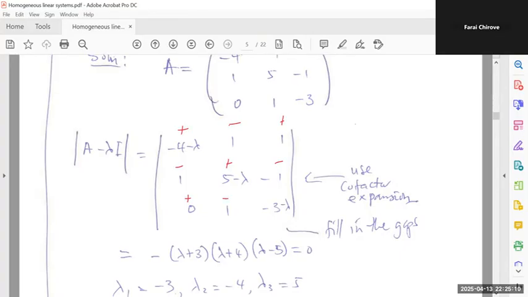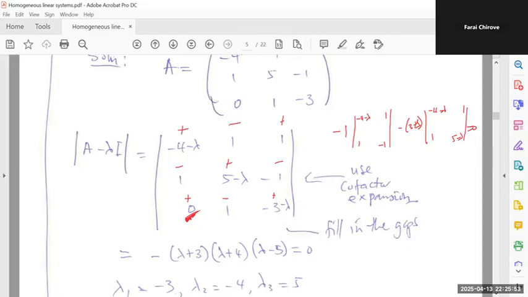So the 0, you're multiplying by 0, so you leave it. So you then have minus 1 times the minor. So we leave this, it will be -4 minus lambda, and then 1, and 1, and -1. Then plus, which is now -3 plus lambda times the minor -4 minus lambda, 1, 1, 5 minus lambda, is equal to 0.